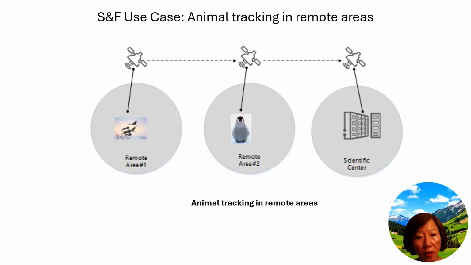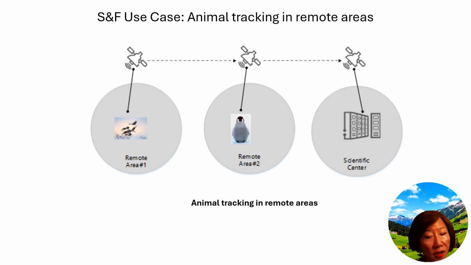The scenario here involves using satellite communication to collect data from IoT devices or sensors installed on animals in remote areas where there is no terrestrial network coverage. So how does it work? Sensors are usually installed on animals to collect data about their movements, physiology, and surrounding environment.